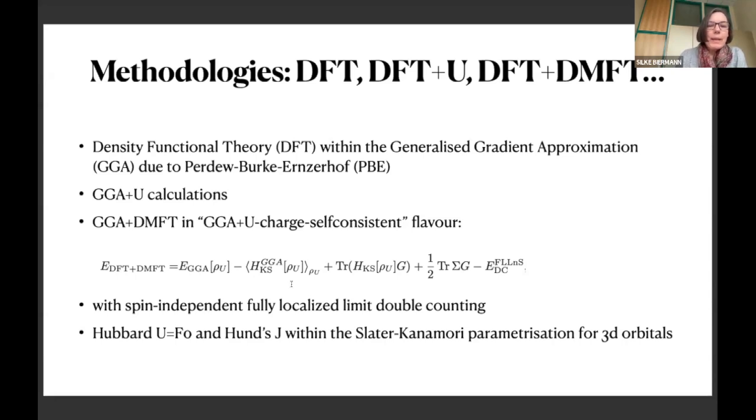We do that with a spin-independent, fully localized limit double counting and with a standard parameterization of the interaction vertex in terms of Slater-Kanamori parameterization for the 3d orbitals.